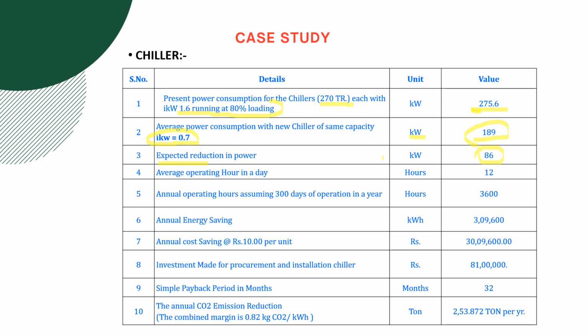Average operating hours in a day are 12. The chiller was running from 10 a.m. to 10 p.m., so 12 hours.